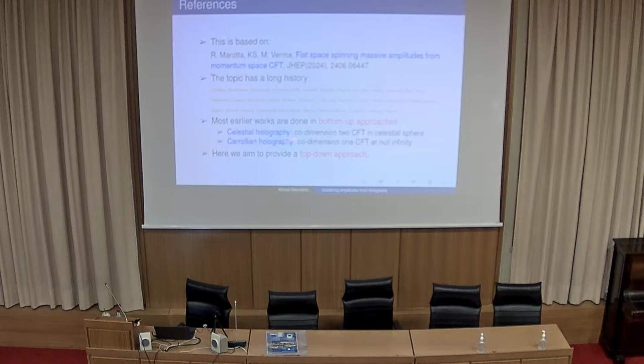One goes under the name celestial holography, and this means that if you're interested in the physics of flat space, you look at the celestial sphere, and you formulate the theory there. And then you try to formulate rules such that you would extract the physics of scattering amplitudes.